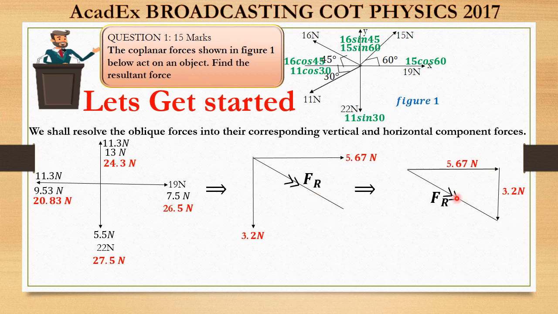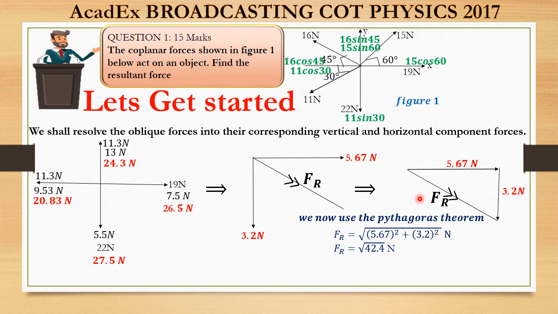Now we have a right angle triangle, so we can use the Pythagoras theorem, as it is always the case, to solve for the value of the resultant force. From the Pythagoras theorem, the resultant force is equal to the square root of the sum of the squares of both sides, and finally we have that the resultant force is 6.5 Newton.